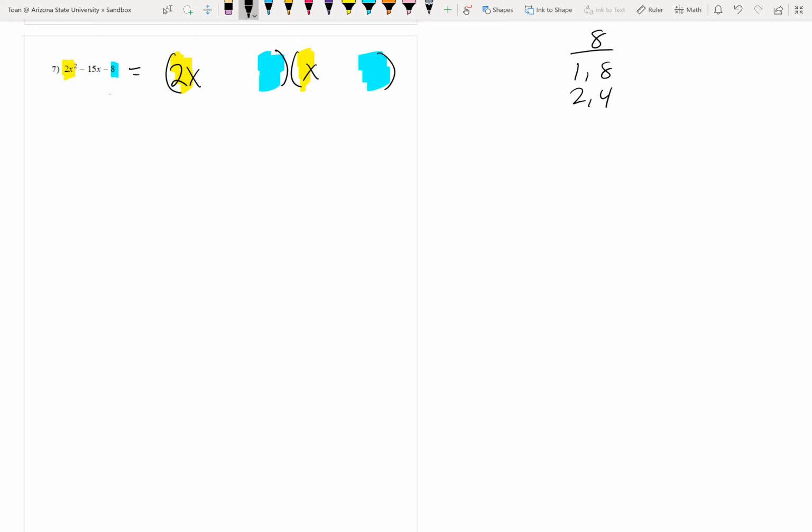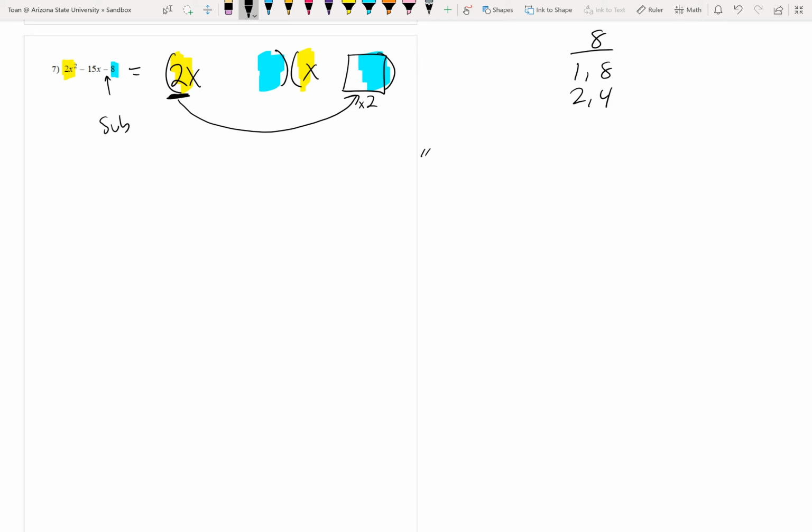However, the last symbol makes me think of subtract. But before I can start thinking, what pair of numbers, realize that by putting a 2 here, when we eventually FOIL it out, this 2 will multiply whatever number I put in here. So this number will get multiplied by 2 eventually. So it changes my logic just a little bit.